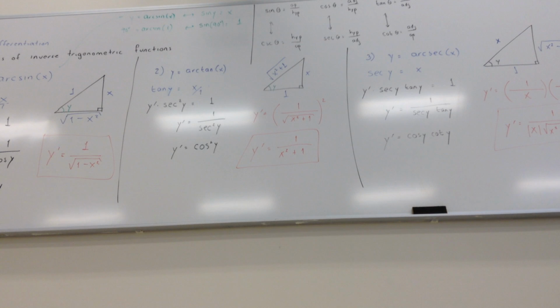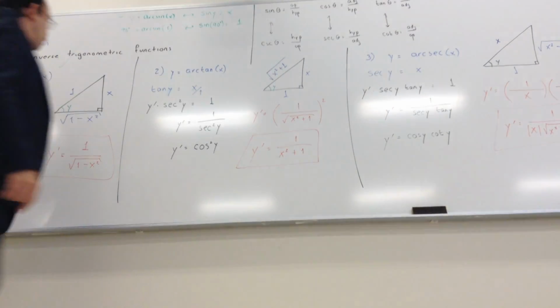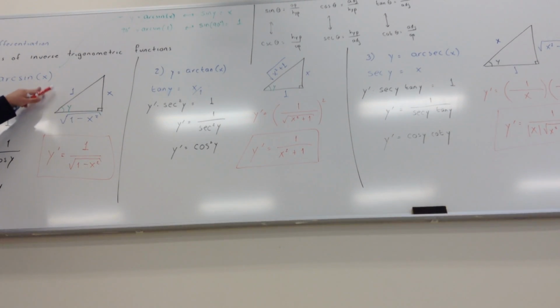O sea, siempre va a ser x, 1 y raíz de x cuadrada menos 1. Okay, well, those could change if the argument is different than x. For example, if you have arc sine of 3x, you will need to use a chain rule for that, or something else inside. We'll do an example. But the idea of the process is always the same.